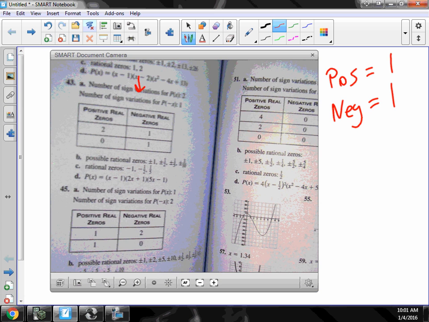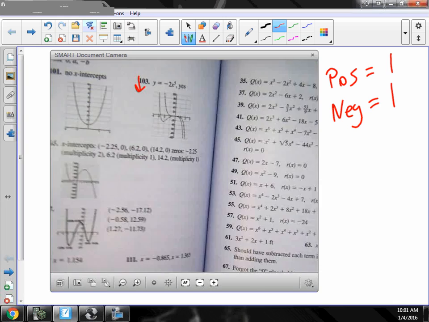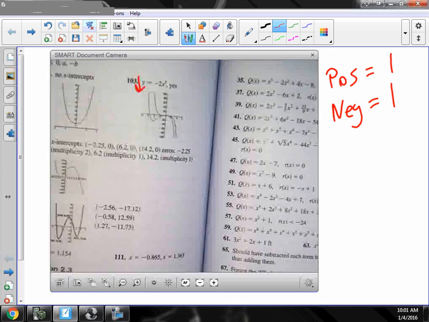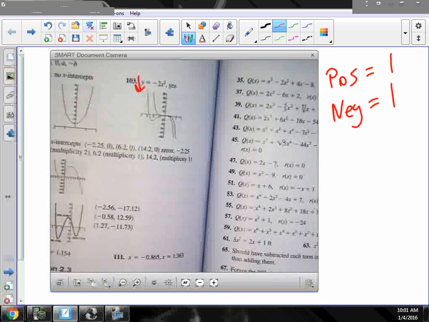So if you look at number 23 in the answer set, it says +1 and -1.